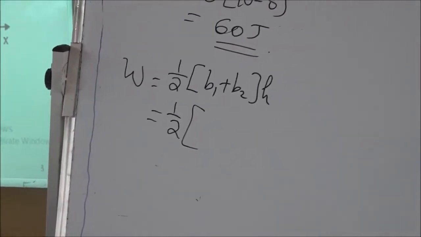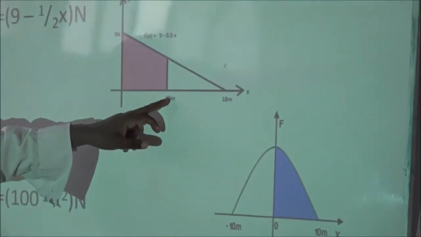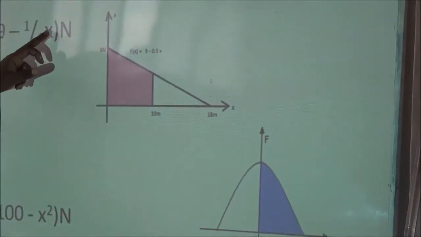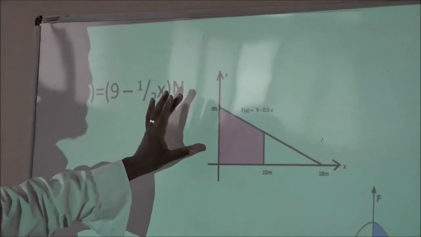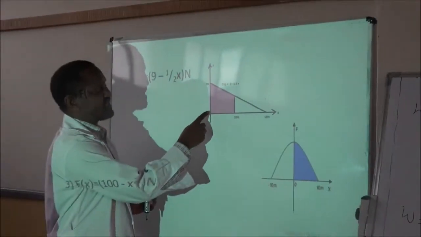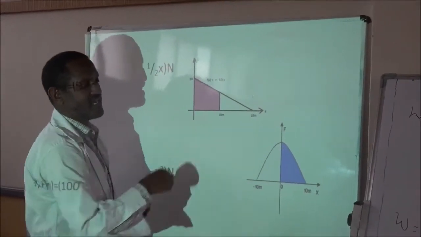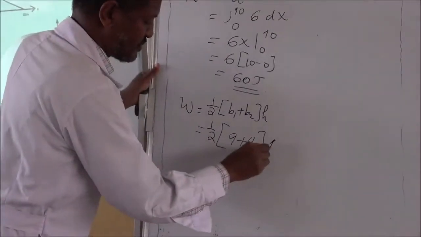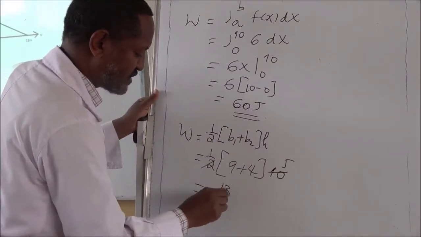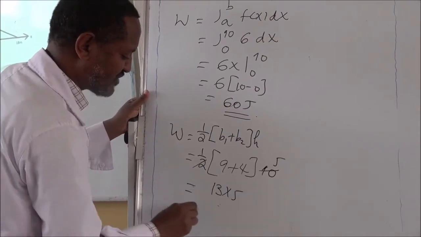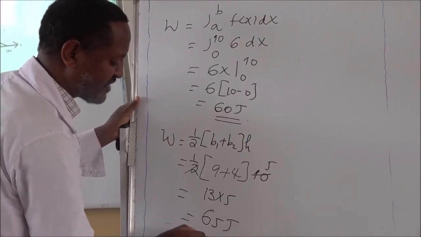This is 9 Newton. And when x is 10, what is the height? Half of 10 is 5, 9 minus 5 is 4. Therefore, the two bases are 9 and 4. And the height is the distance between the two parallel sides, that is 10. So, half of 10 is 5. 9 plus 4 is 13, 13 times 5, that is 65.